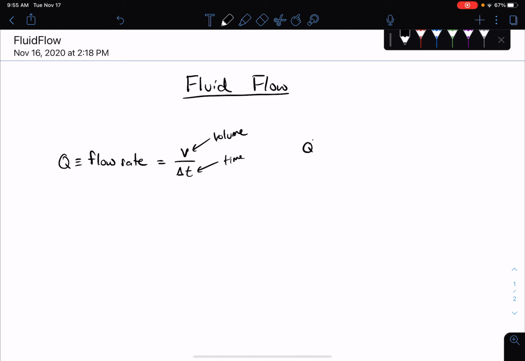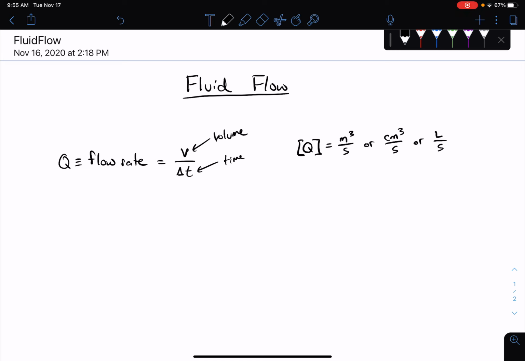Okay, so the units, I'll put these square brackets to indicate the units of fluid flow. We will use meters cubed per second, or we might use centimeters cubed per second. And sometimes, not as common for us, but pretty common in everyday life, liters per second.